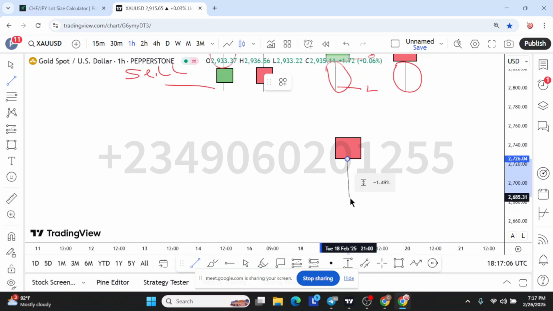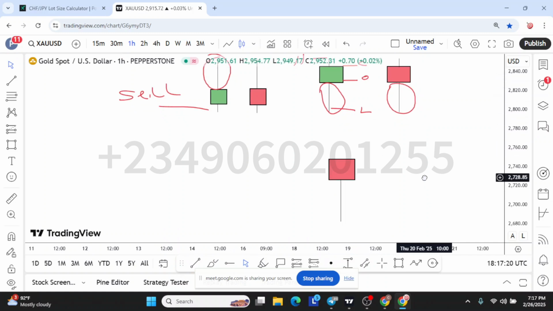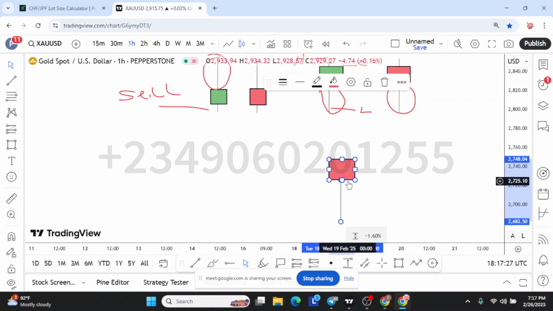A hammer candlestick will have a long lower wick, but a shaved head. Compared to the pin bar, the pin bar has wicks at the top, but the hammer is going to have a shaved head, no wicks at the top.